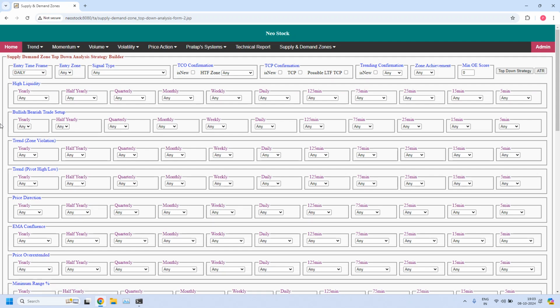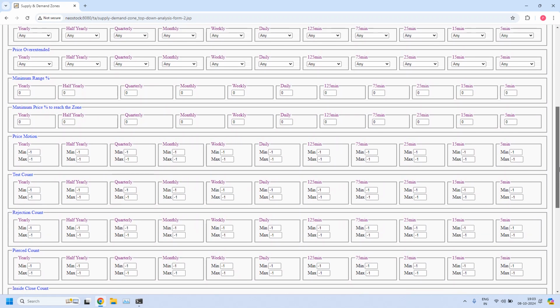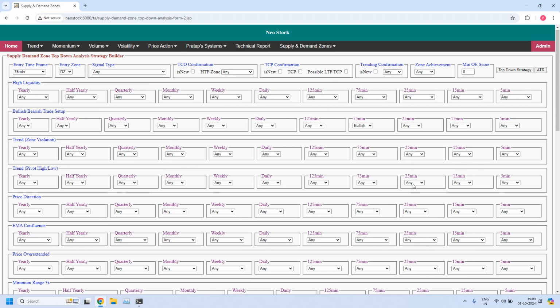Okay, next let us look for bullish trade setup for weekly income trade. So entry time frame 75 minutes, entry zone demand zone. In bullish or bearish trade setup at 75 minutes entry time frame I am selecting bullish, and the 75 minutes demand zone, that is our entry demand zone, should not be pierced. So in the pierced count at 75 minutes time frame, I am setting minimum value 0, maximum value 0.